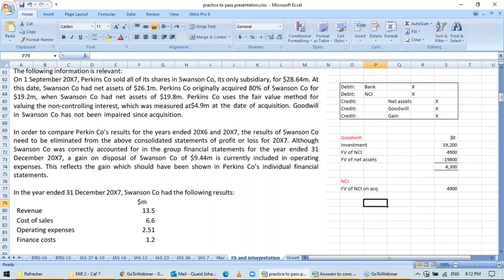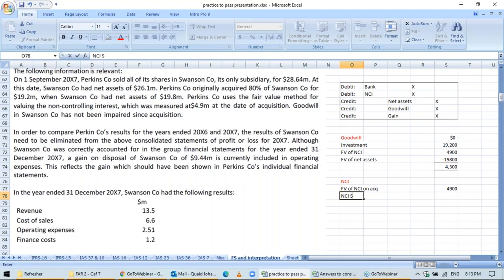As soon as the subsidiary company is acquired, then with the passage of time, its net assets increase, its profits increase. So NCI will also have a share in the subsidiary company's profits. So NCI's profit share will add to the amount reported on the acquisition.